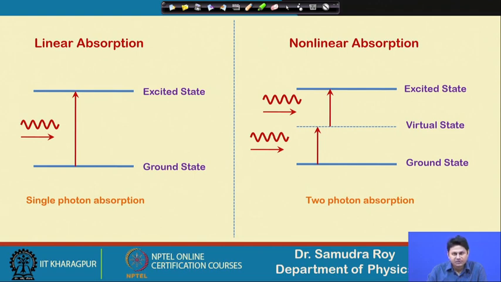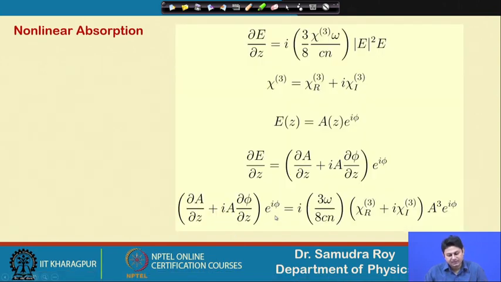In nonlinear absorption normally two photons are involved, as shown in this figure. There is a virtual state, two photons are incident on the system and they are absorbed, and some kind of excitation will appear here. Since two photons are involved, this is related to the intensity square of the system. So, we will see how these things happen.